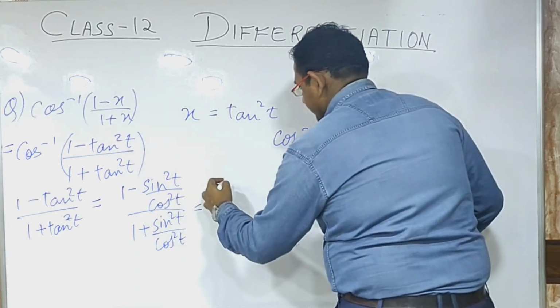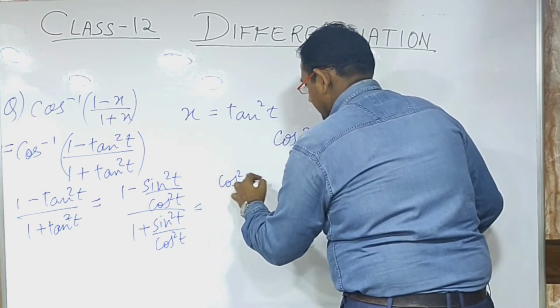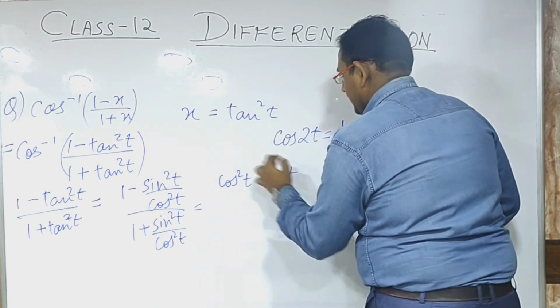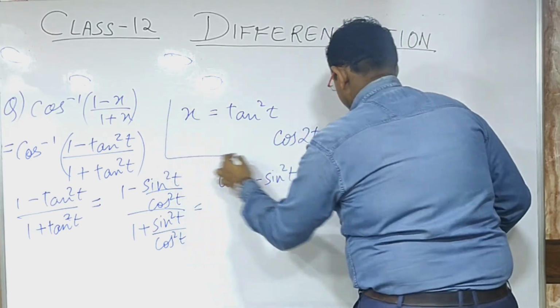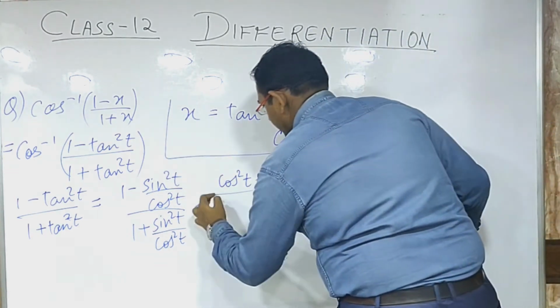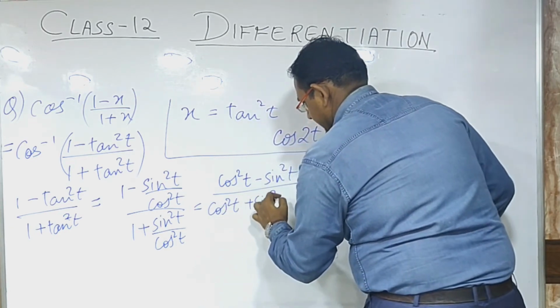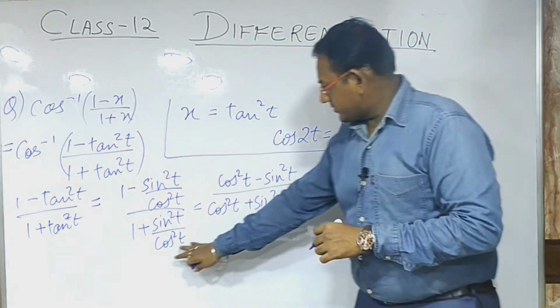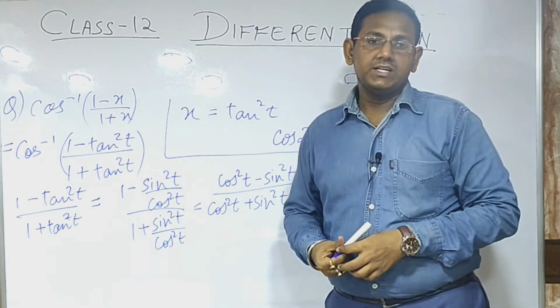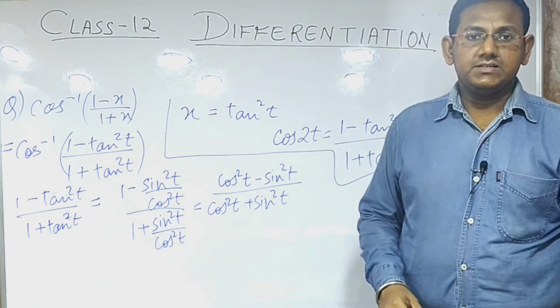If we take the LCM, we are getting cos square t minus sin square t by cos square t plus sin square t. This cos square t and cos square t, after doing the LCM, will cancel out each other.